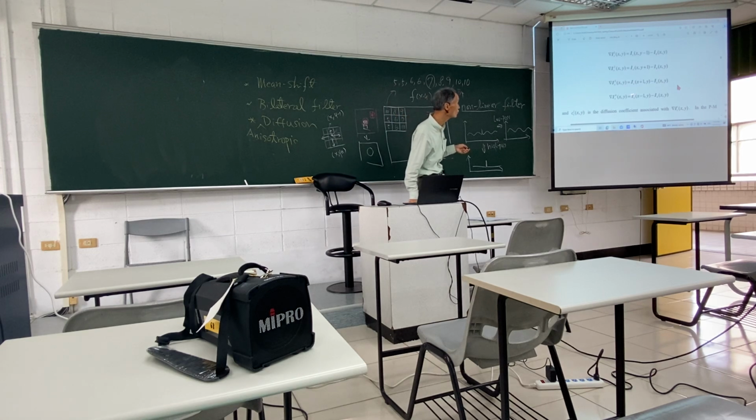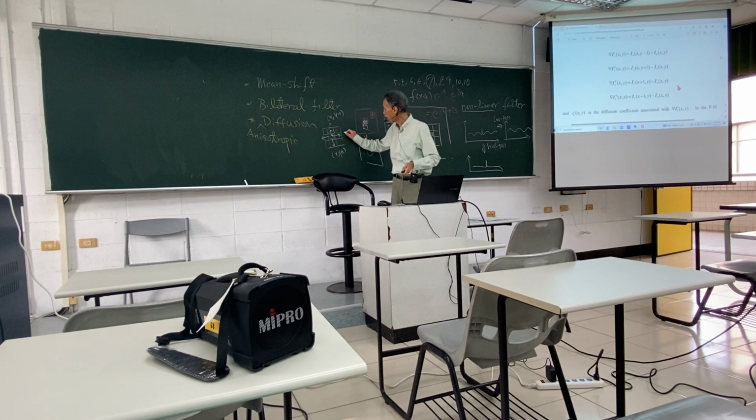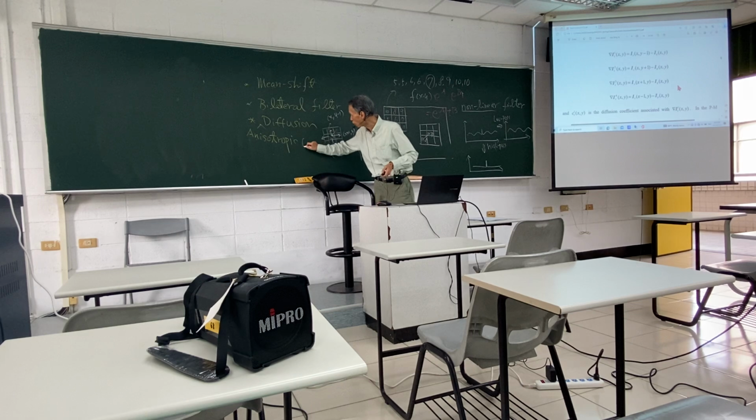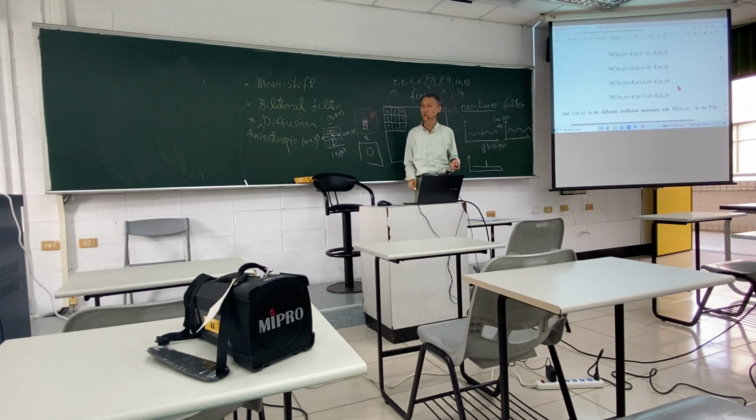The third direction will be on the right here, and the last one will be the direction on the left. That's it, we simply calculate the intensity or color difference.